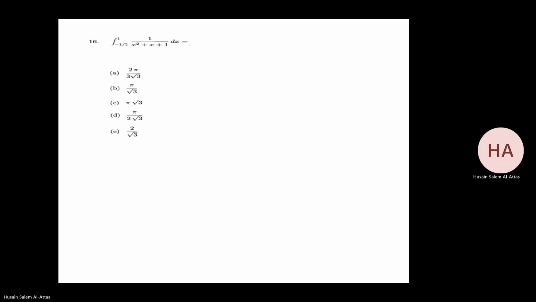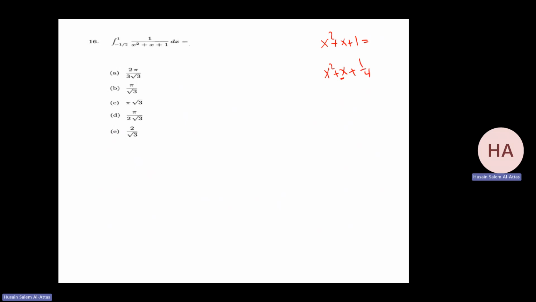Okay. Sometimes I need to do completing the square. So I have x squared plus x plus 1. We add half the coefficient of x, squared. So I have x squared plus x, to make a complete square, that will be plus 1 over 4.